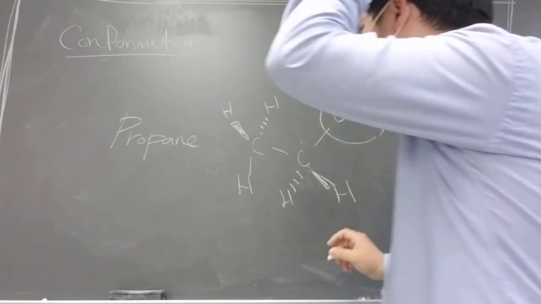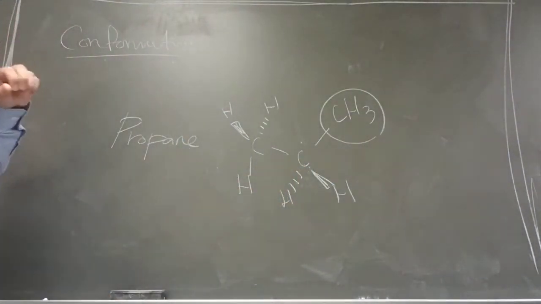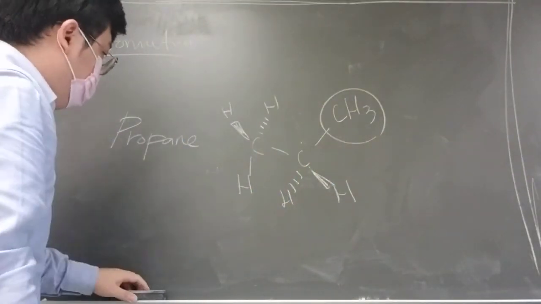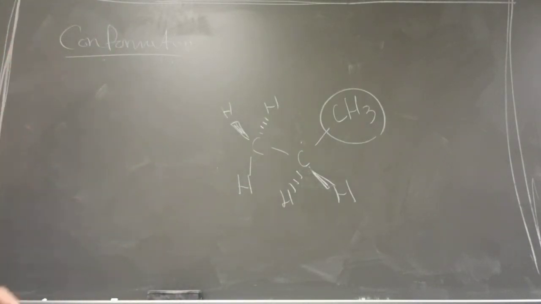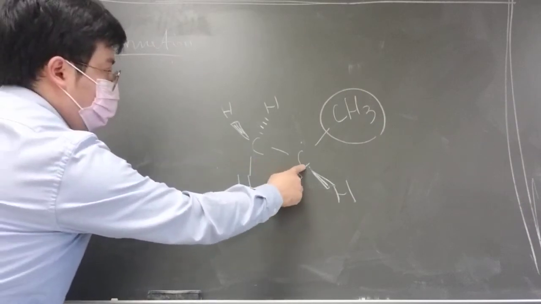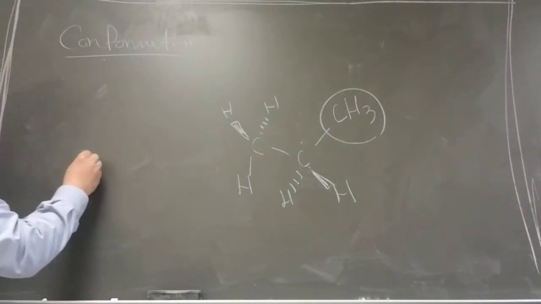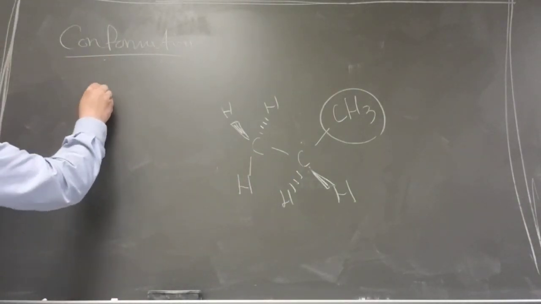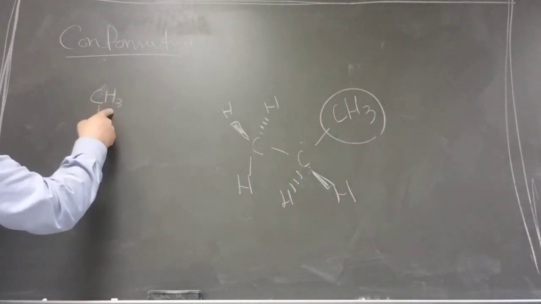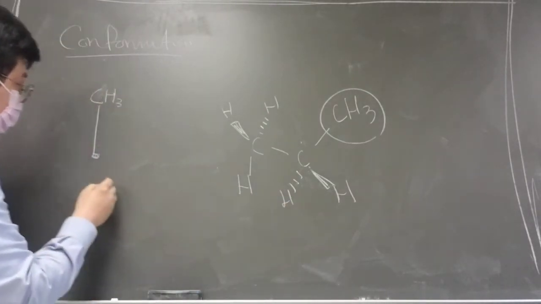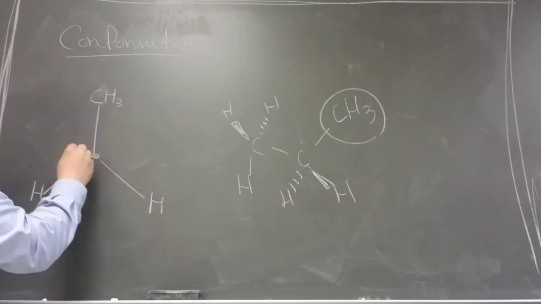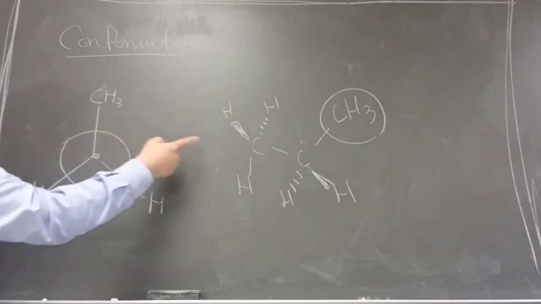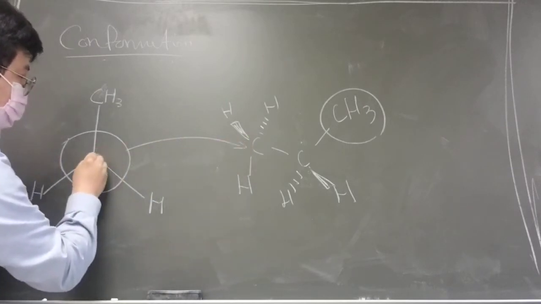So let's try to do it on the Newman projection here. Maybe this is the front carbon, and this is the back. There are 2 hydrogens on the front carbon here, and this is the carbon right here.